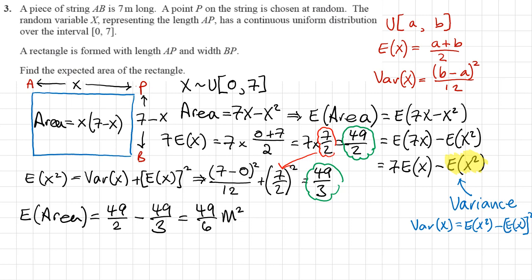So I can leave my answer like that, or give it to 3 significant figures, which is 8.1666 recurring, so 8.17 if we did decide to go for 3 significant figures.